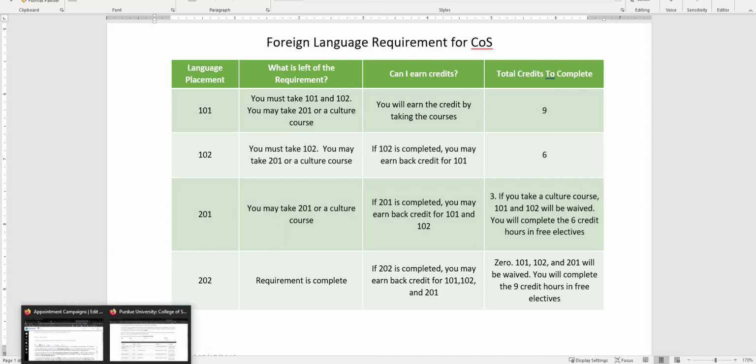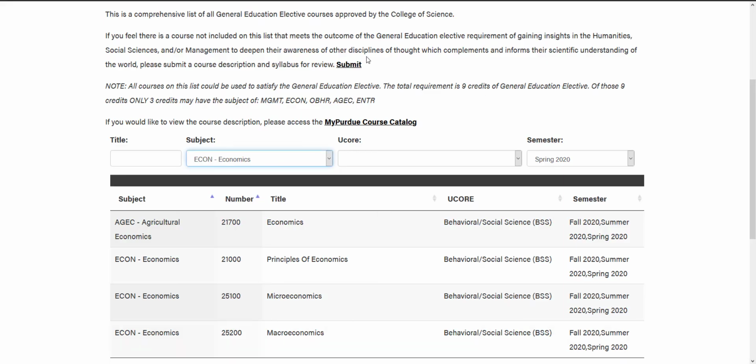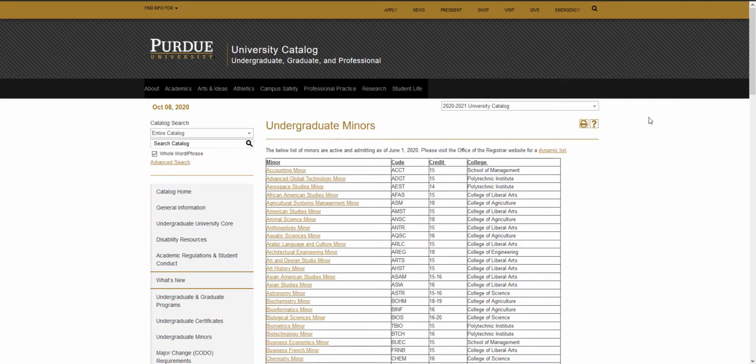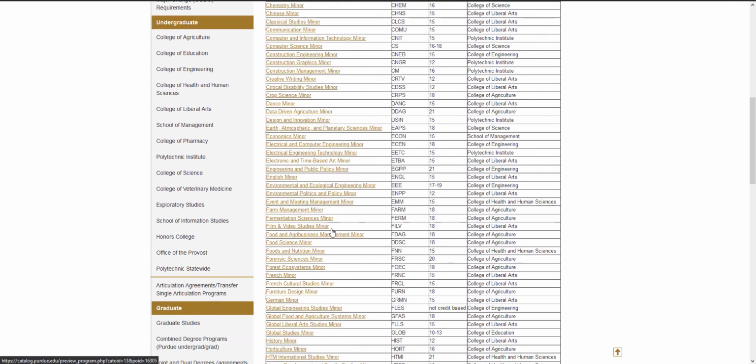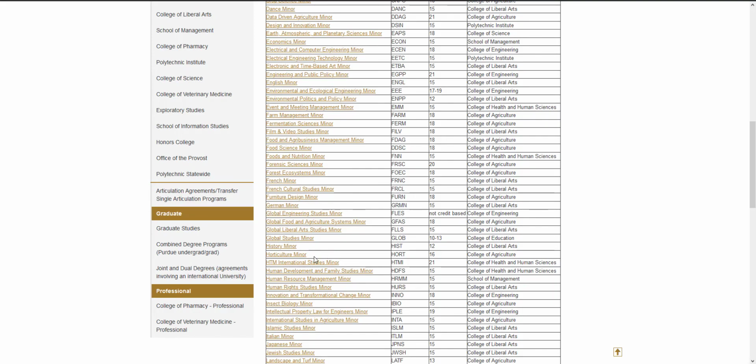One last thing we're going to cover today are minors. A lot of my students want to know what minors are like. My requirement is that you actually take a class in a minor before you add the minor officially. So for instance, I have students who want to take the math minor. Everybody takes math, that's fine. Let's do the history minor.